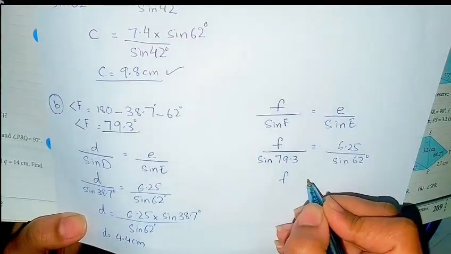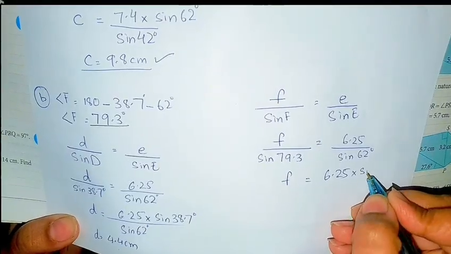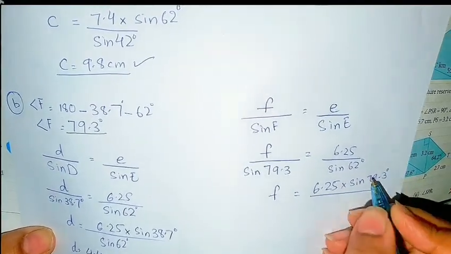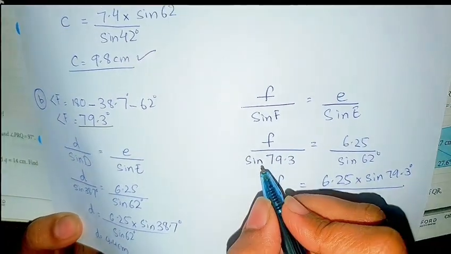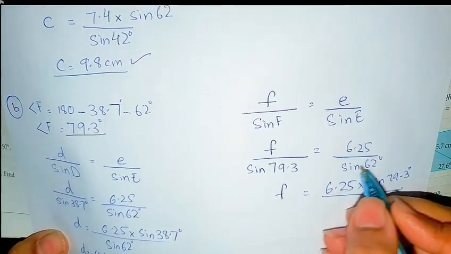Now make F the subject. 6.25 times sine 79.3. What I am doing is I have written 6.25 as it is, and sine 79.3 was multiplying over here. I have shifted it to this side of the equation.